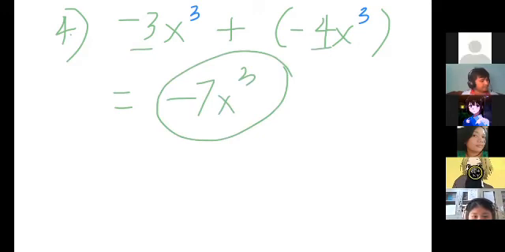Okay? Now let's do some subtraction, because we know that subtraction is the same as adding, right? What's the difference between subtraction and addition? You just subtract them, okay? But again, it's just the same because you're just combining similar terms.